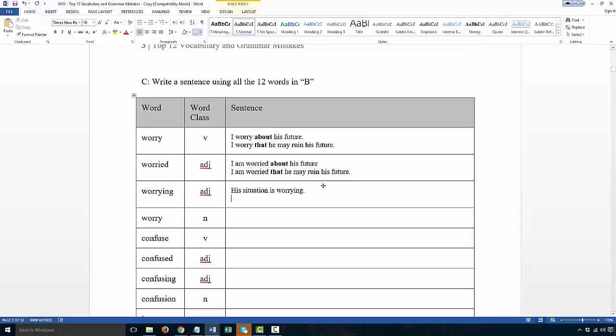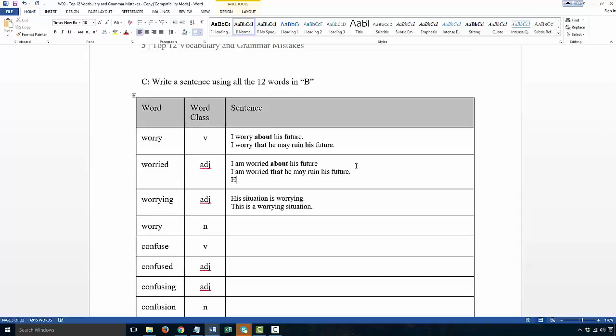So you could say this is a worrying situation. So this is describing this situation. Same for this. If you want to use this adjective before a noun, his worried parents called the police, or something like that. So this is an adjective before a noun.